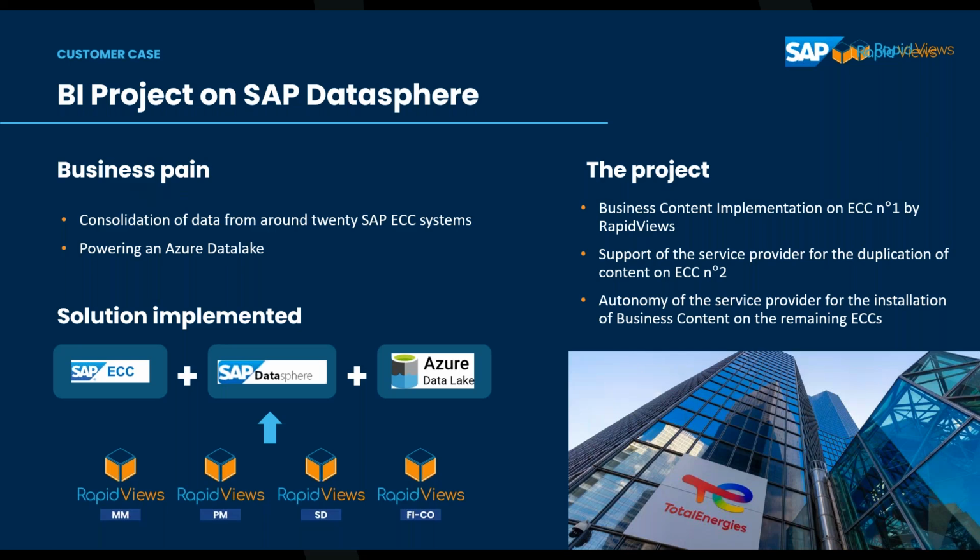Then they export everything to Azure Data Lake, where they put Microsoft Power BI on top to build all their reports. It's a customer that is extremely happy with what we provide, because it allows them to structure and aggregate all the information from ECC.